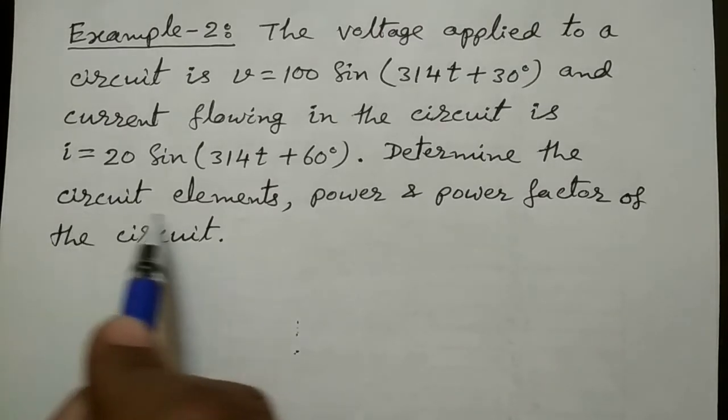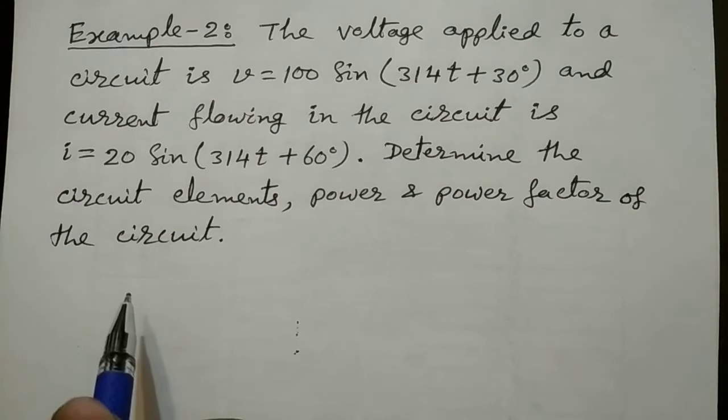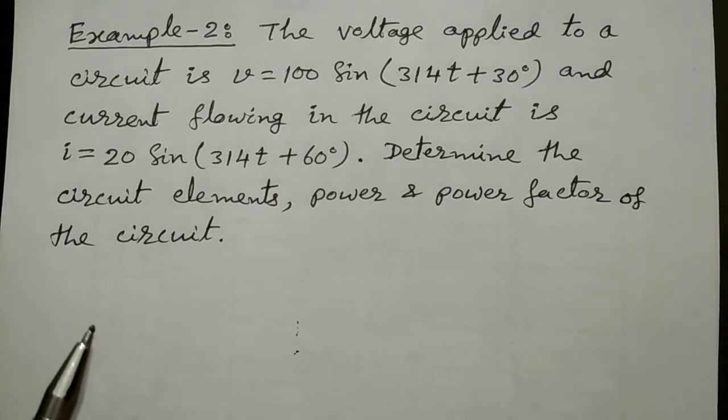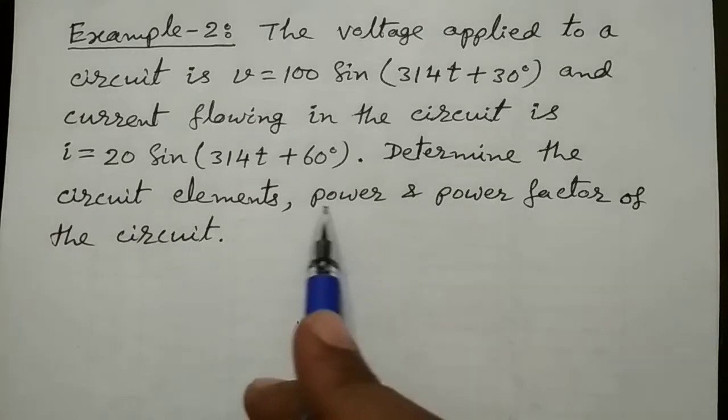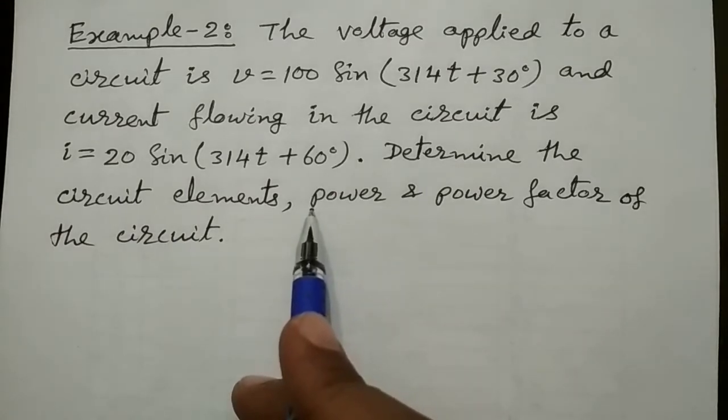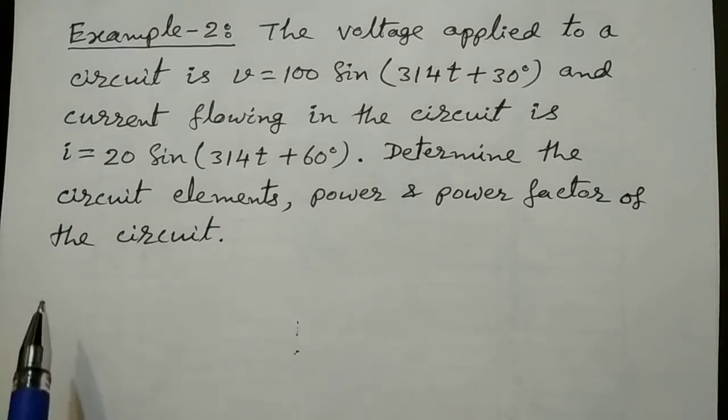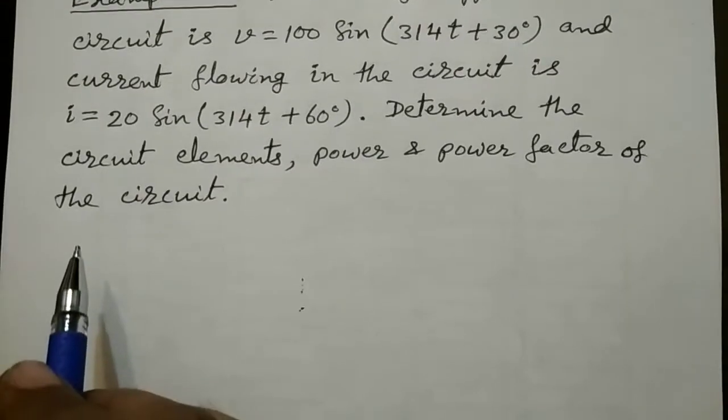Here the circuit elements means if it is resistive inductive, then you have to find the value of resistance and inductance, and if it is resistive capacitive, then you have to find the value of resistance and capacitance. Then for the power, we can find all three types: the active power, reactive power and apparent power. So let's see the solution.